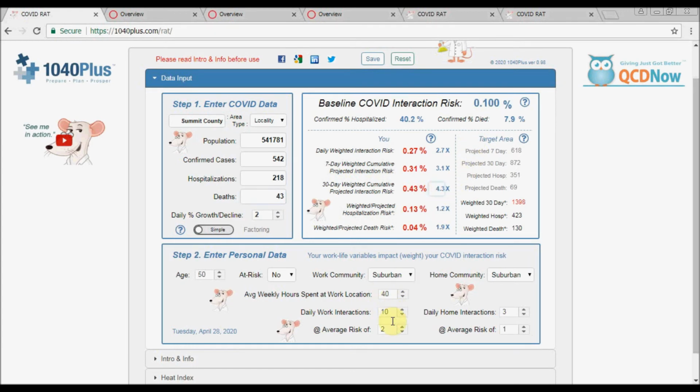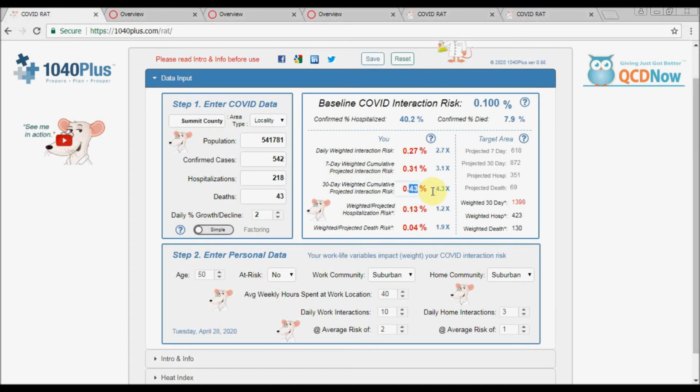Right here, somebody who's working full-time that has 10 daily interactions has 4.3 times greater risk of interacting with someone who is infected. Still, that's less than 1%, okay?